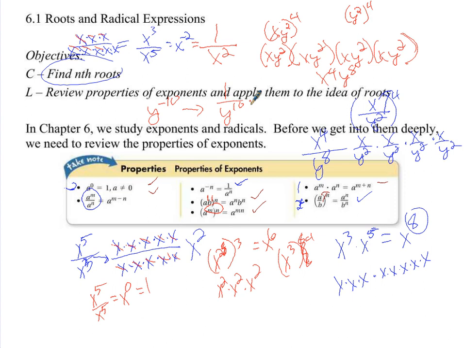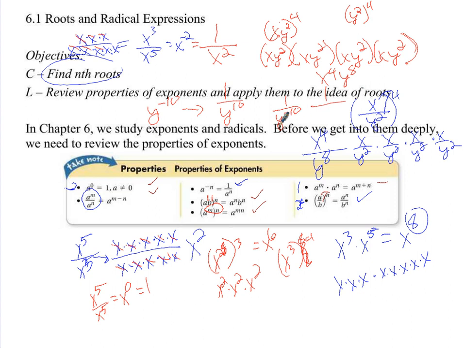We'll see this in a little bit, but if I had something like 1 over y to the negative 10th power, then this one is going to result in moving it to the numerator. Basically, you move it from wherever it is to the other side of the fraction, from top to bottom or from bottom to top.